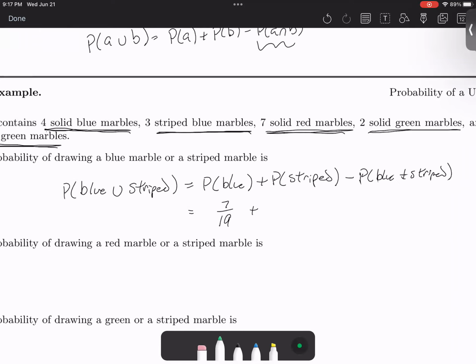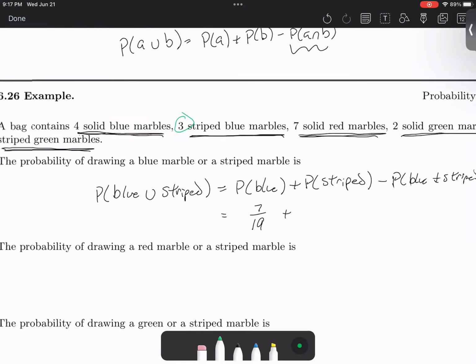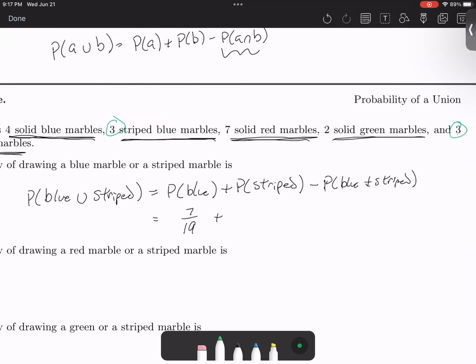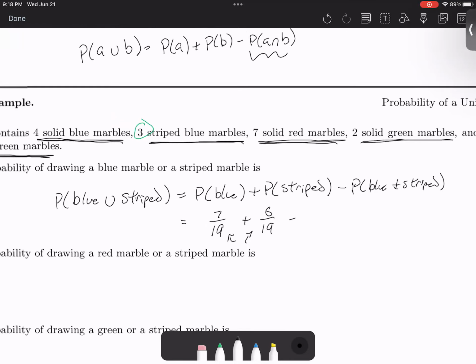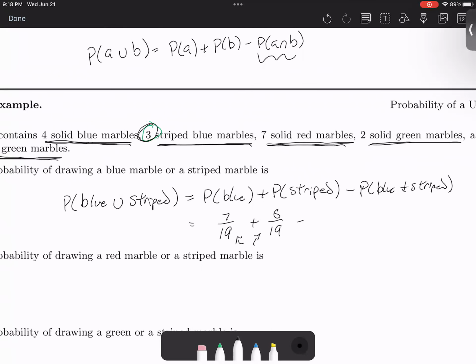Okay, our striped marbles, 3 of them are blue and 3 of them are green. So we have 6 total striped marbles out of the 19. Now notice inside that 7/19 and inside that 6/19 are the 3 striped blue marbles, right? We double counted those.